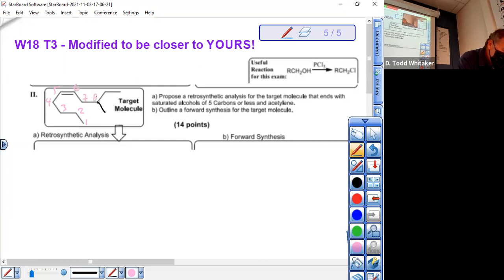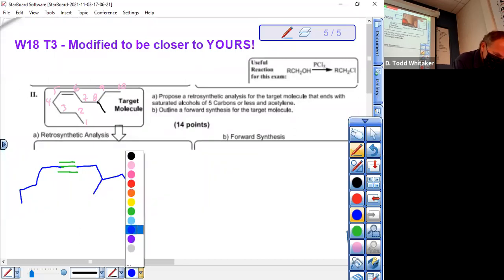You don't have to put the numbers, just count your carbons, make sure you got 10 in a row. It doesn't have to look similar at all. Just make sure on one side you've got 4 more carbons, 4, 3, 2, 1, and on the other side, 7, 8, 9, 10 with a methyl on 8.